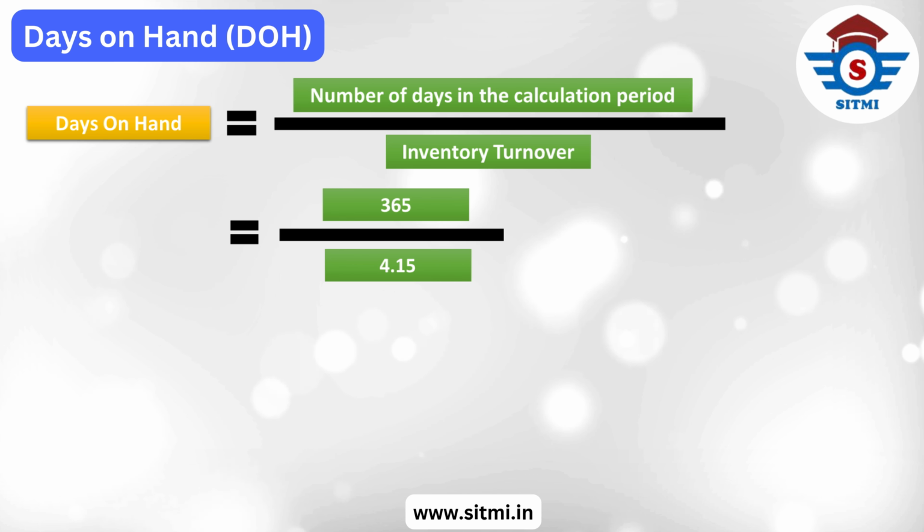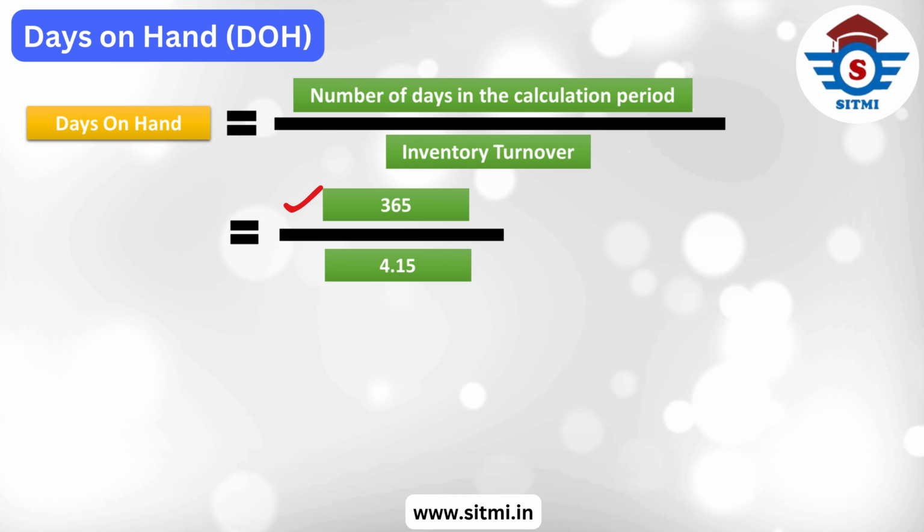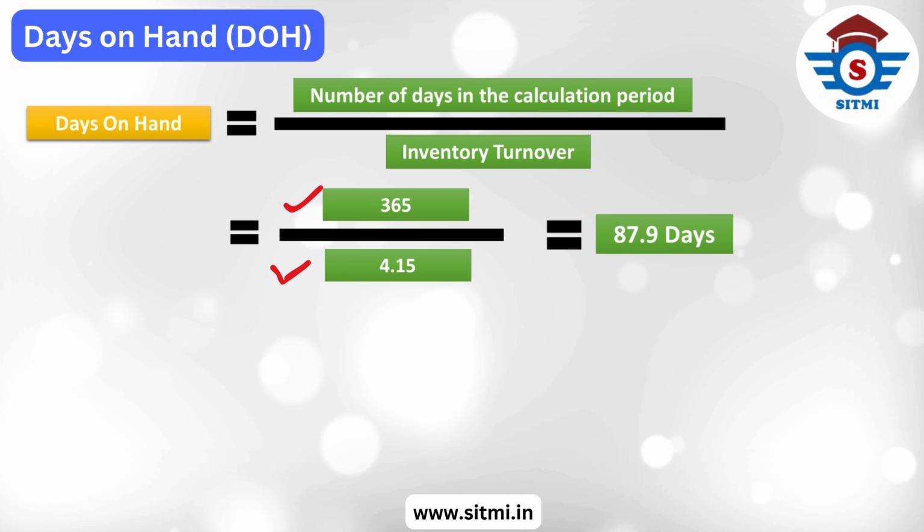That means the number of days in the period are 365 days, divided by the inventory turnover ratio. We had calculated this as 4.15. So once we put this in the formula, we get days on hand equal to 87.9, and days is the unit of measure for this metric.